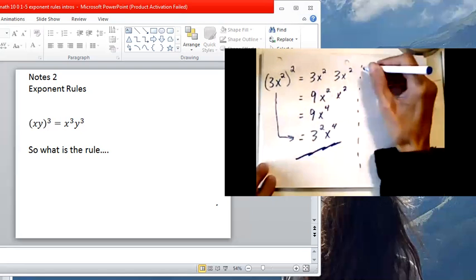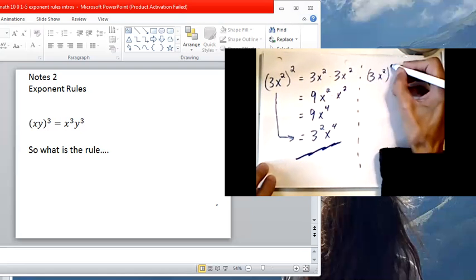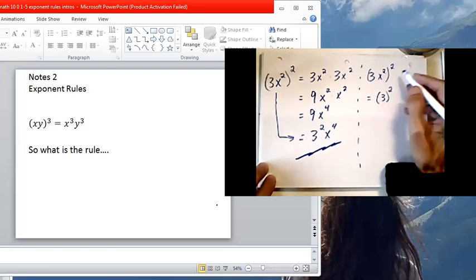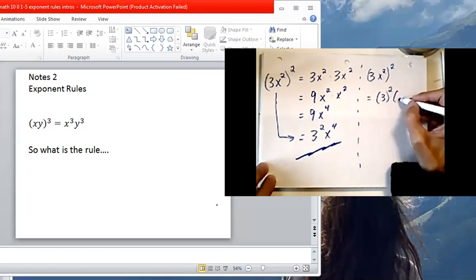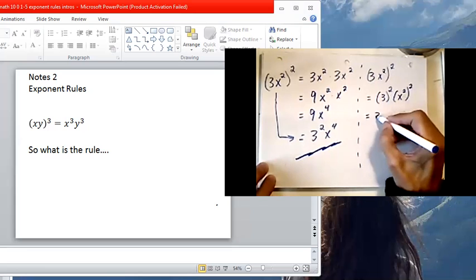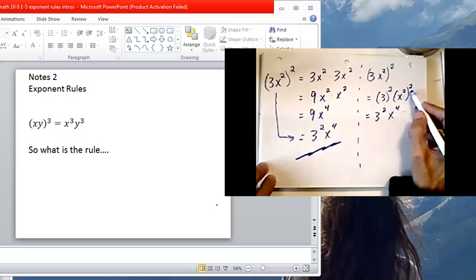So watch. 3x squared looks like this. This 3 gets the 2. Oh, okay. Yeah. And this gets the 2 as well. And you see? x2 squared. Perfect. Which is 9. And then x4, right? Yes. Because we multiply in this situation.